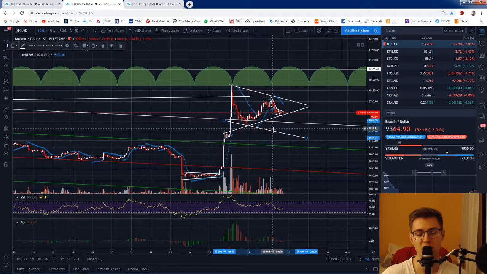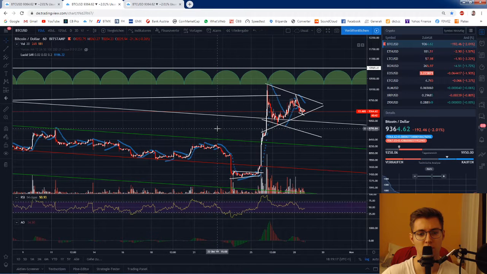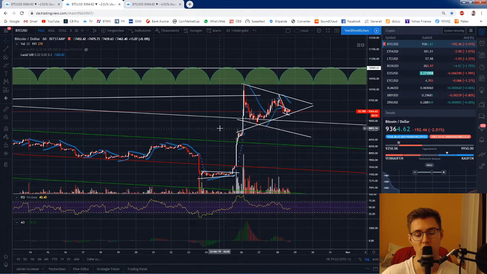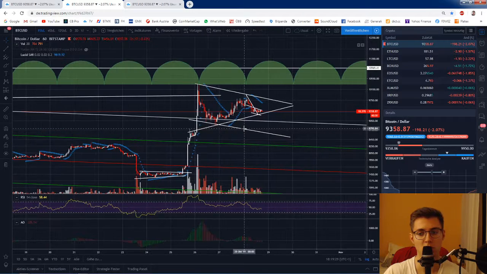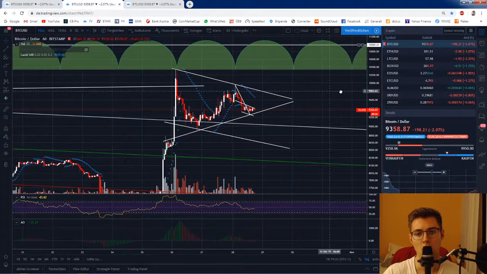I would give this maybe a 35% chance, maybe 40, but actually 35% chance for this to play out, because we just have very important support around 8,800, and I think this will most likely hold if we actually come back down to retest that level. So, yeah, is there anything much else on Bitcoin?